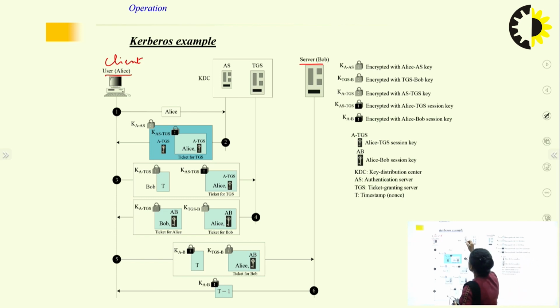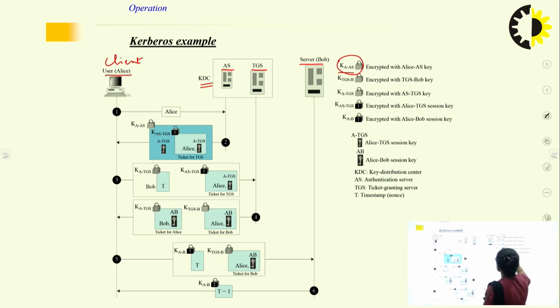We have the authentication server and the TGS, or the ticket granting server, and these two units in totality form the KDC, which we also call the key distribution center. Now, before I start with the algorithm, let me talk about the initialization part, some initializations that are done here. KAS, what is this? It is encryption. It refers to this symbol.